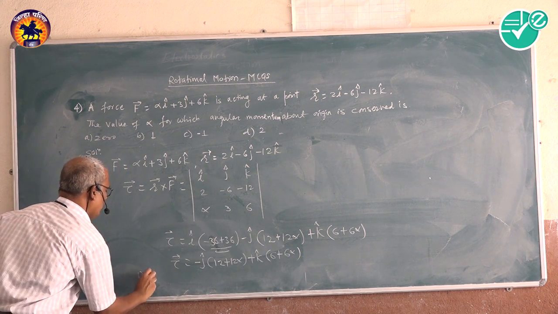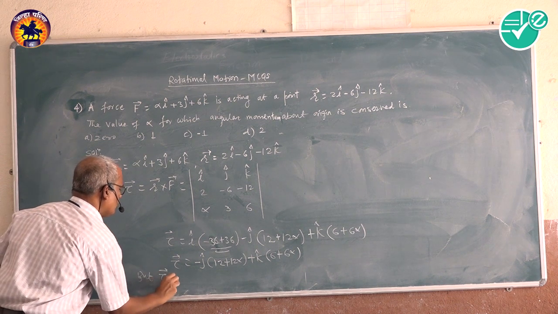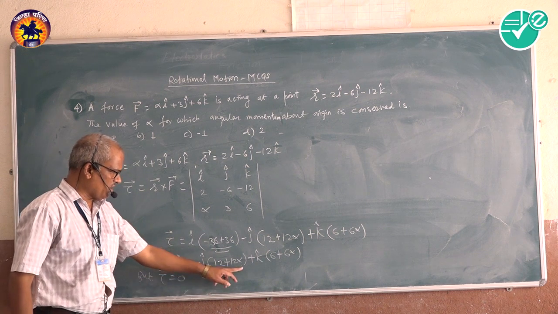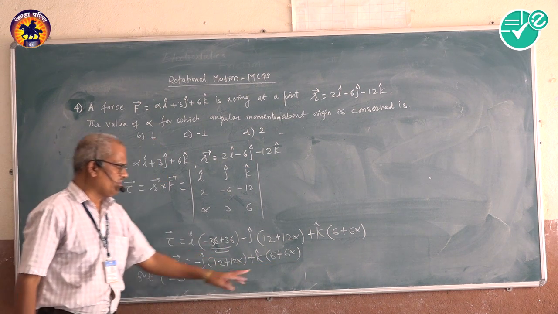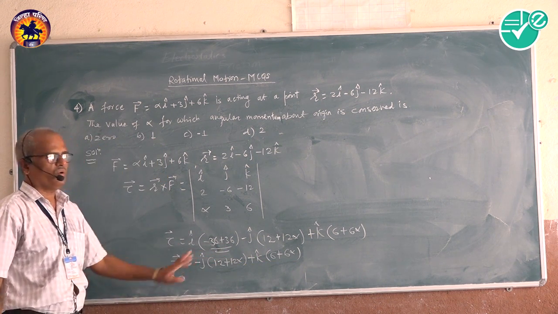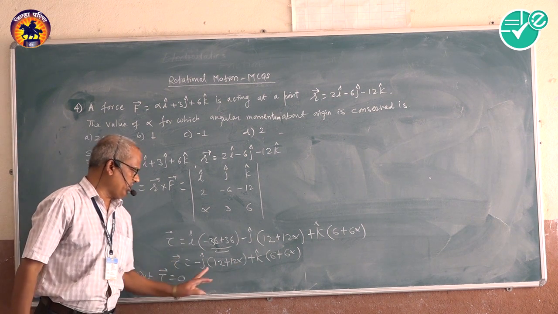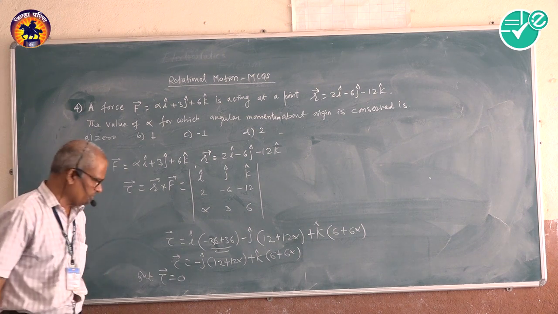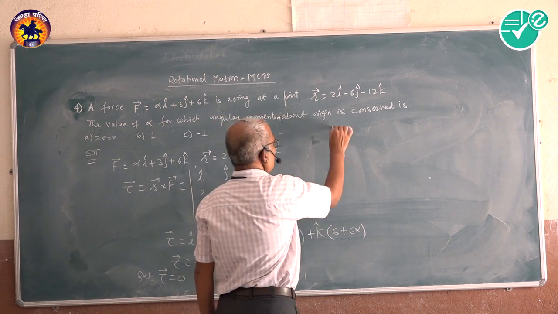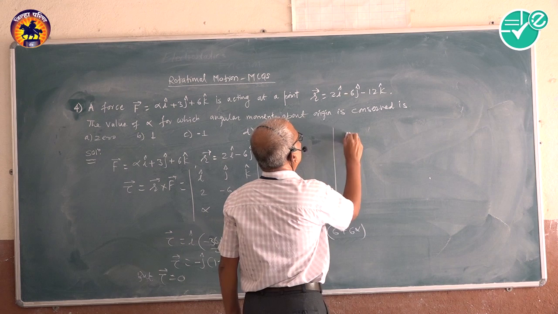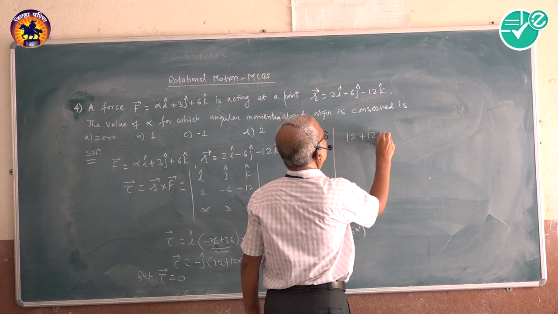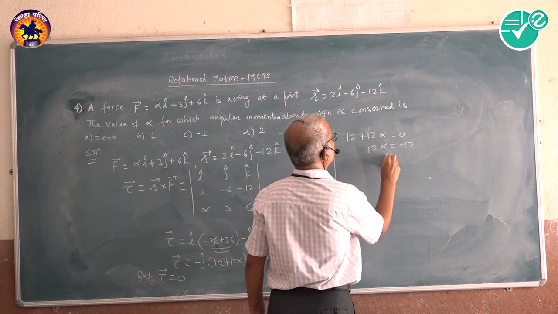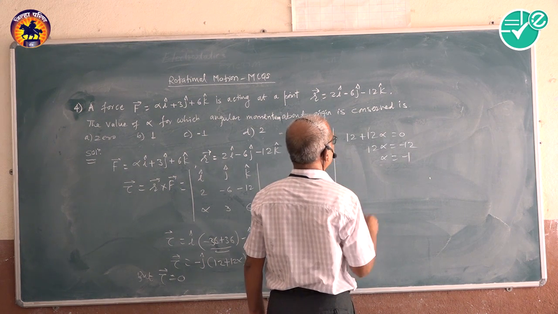But given that there is no external torque, so tau is equal to 0. If tau is 0, this bracket must be 0, and only then tau is equal to 0, because j and k are unit vectors, they are never negative, their magnitude is unity. So 12 plus 12 alpha is equal to 0, means 12 alpha is equal to minus 12, alpha is equal to minus 1.